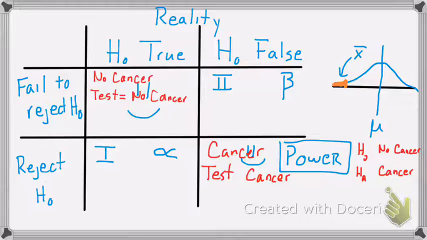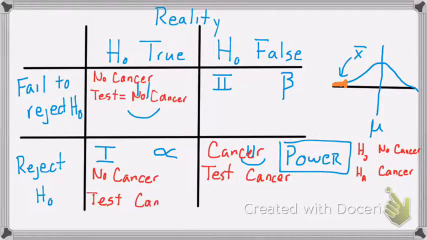Now, the other thing: if H0 is true, that means I have no cancer here, but unfortunately I rejected my null hypothesis, meaning that the test would suggest I did have cancer.